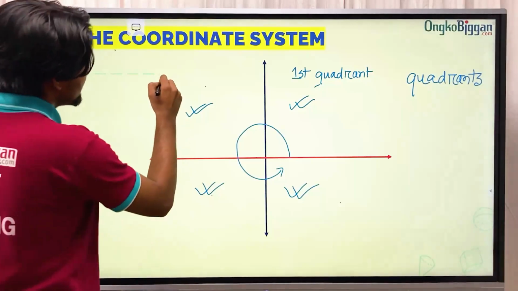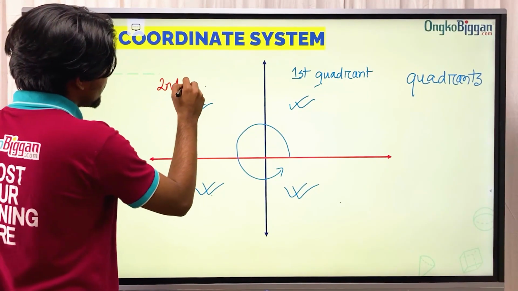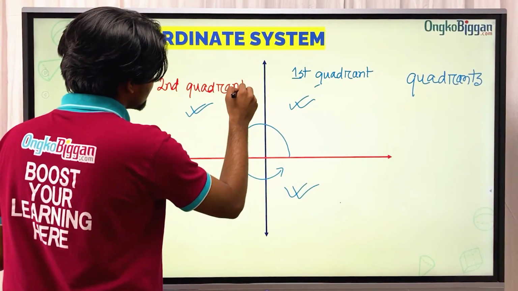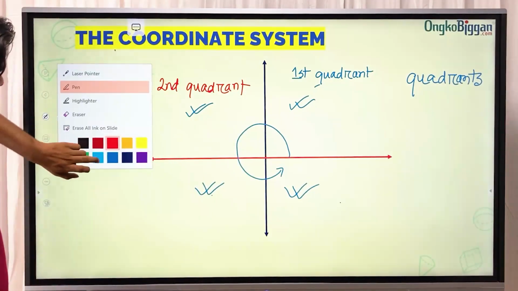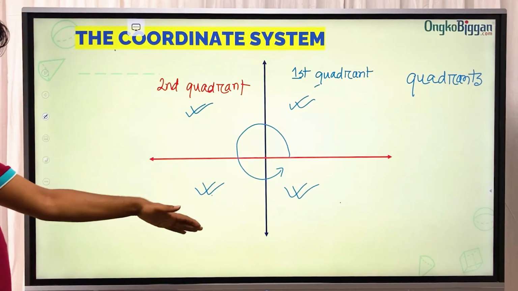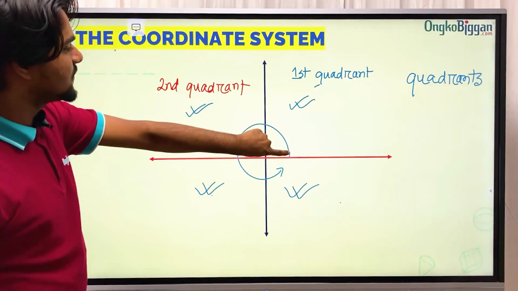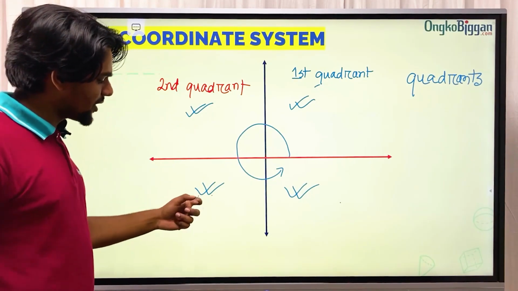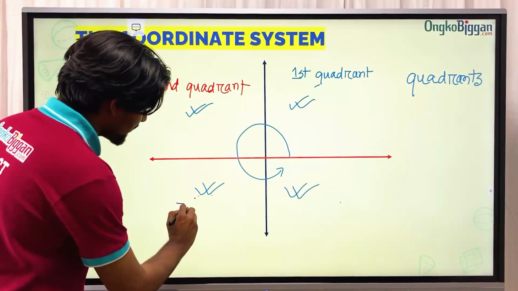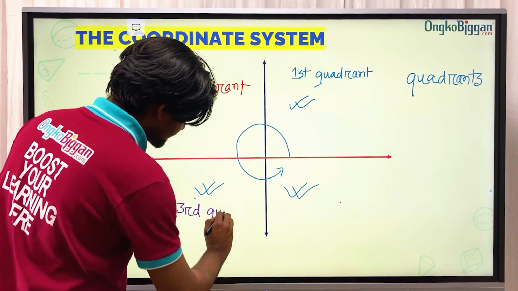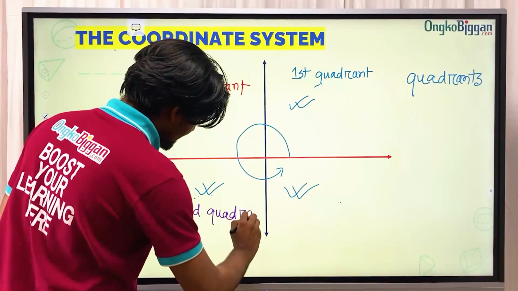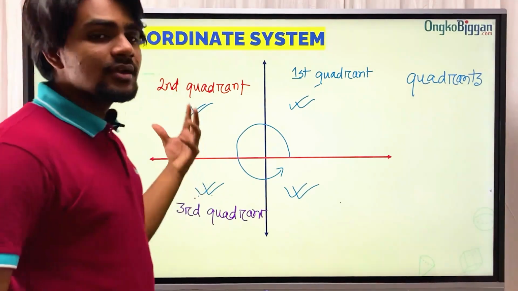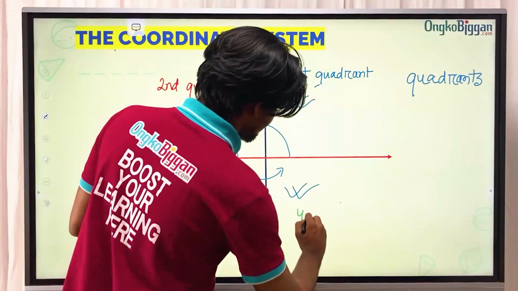Then this one is the second quadrant. Then, in the anti-clockwise direction, the next comes this quadrant, so it is the third quadrant. And finally we have the fourth quadrant.